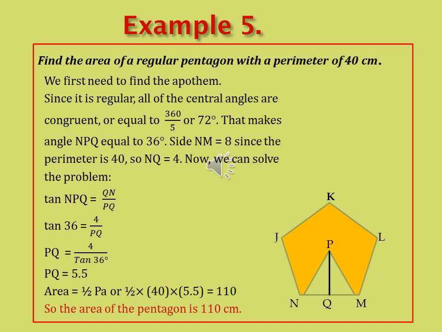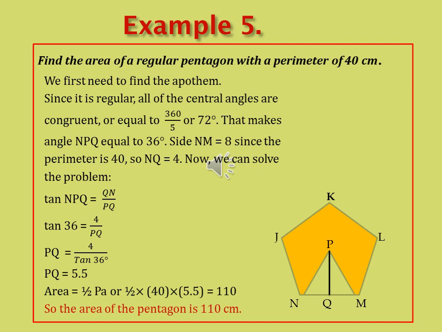So we'll say tan NPQ, remember NPQ is 36 degrees, will be equal to opposite over adjacent. And our opposite is 4. Remember, we said it is 4 because it is 8 divided by 2 to get the length of NQ, and therefore tan 36 is equal to 4 over PQ, meaning PQ is the same as 4 divided by tan 36, and therefore the length of apothem PQ is 5.5 centimeters.